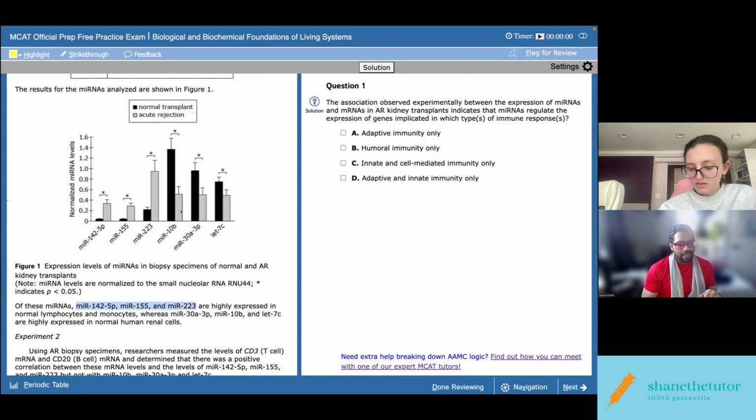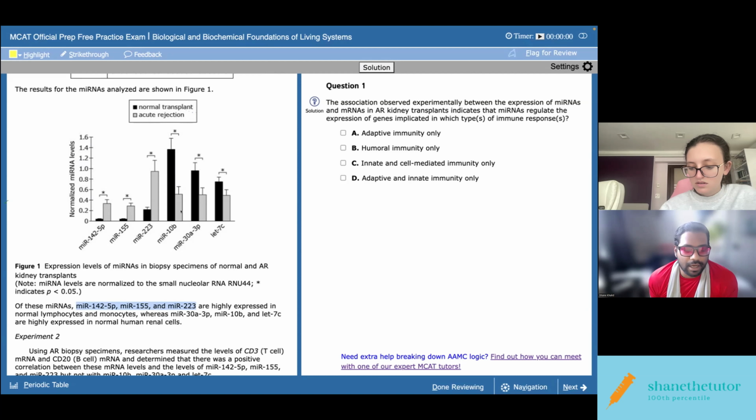When they say normalized, what do they mean exactly? I mean that they're not mutated or changed in any way. This is just what the RNA levels normally are. It's used as a standard that you equate to one, and everything after that will be a percentage or a fraction of that one.